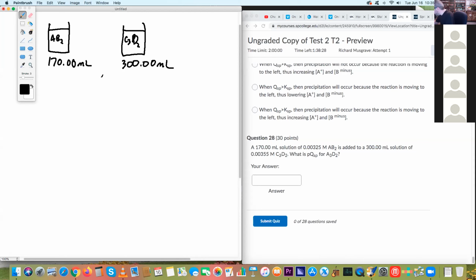And that's A3D2, which we know would split into 3 A's and 2 D's. Again, we could put charges on, 2 plus and 3 minus, but we're only interested in A and D here. We're not interested in B and C.